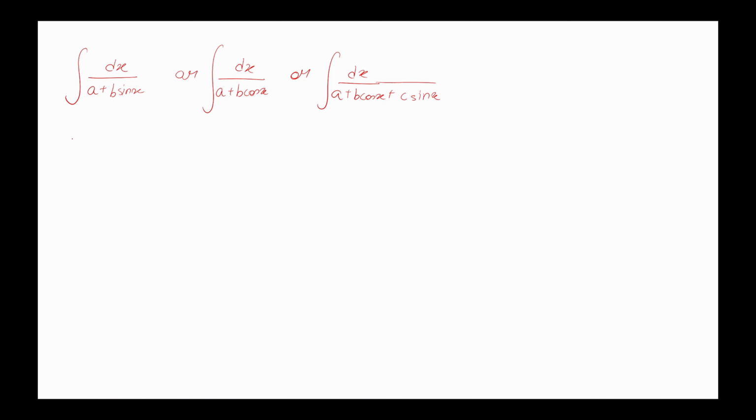If you see such type of questions, what you can do is simply replace your sine x as 2 tan x by 2 upon 1 plus tan square x by 2, and cos x can be replaced by 1 minus tan square x by 2 upon 1 plus tan square x by 2.